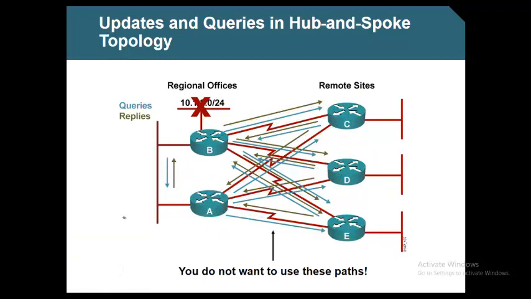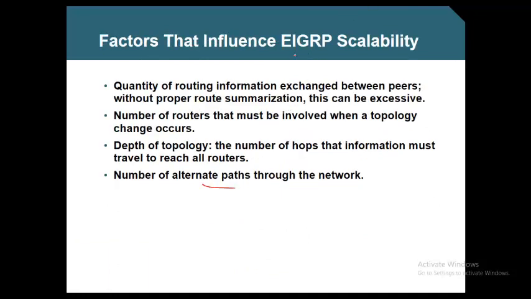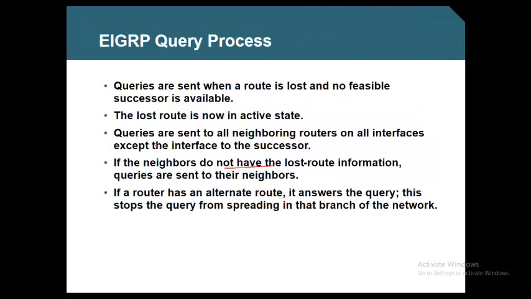You remember we saw the factors that are impacting scalability. One is the depthness. You see how deep it is going. It keeps on looping, right? So this needs to be controlled. Do you follow me? Okay. So if the neighbor does not have the lost route information, the queries are sent to their neighbors. It will keep on spreading.